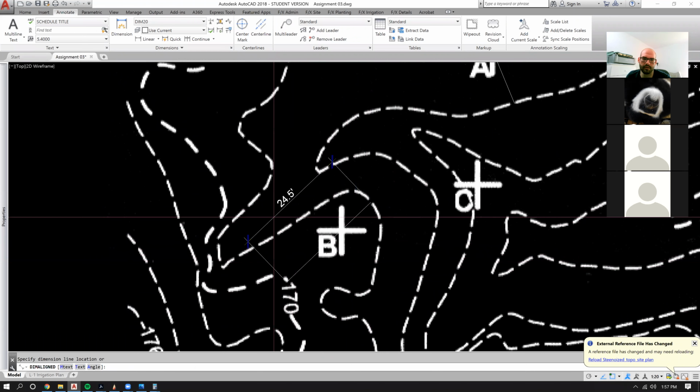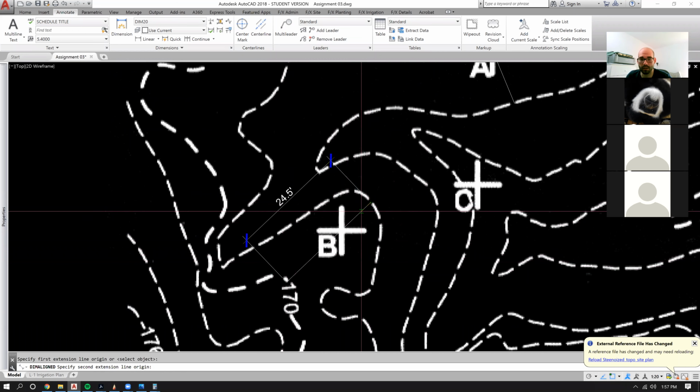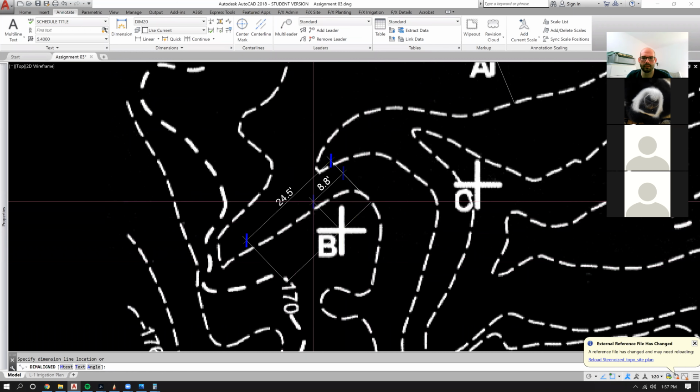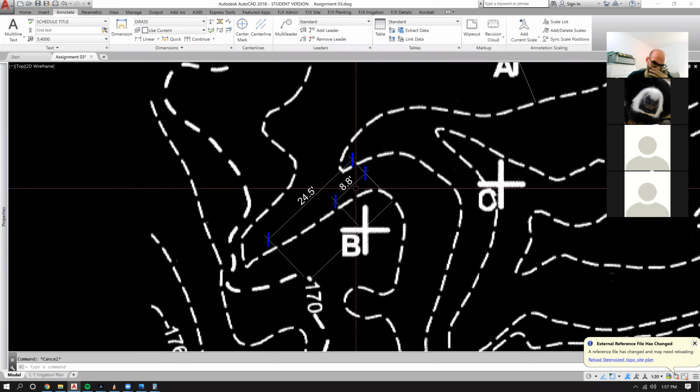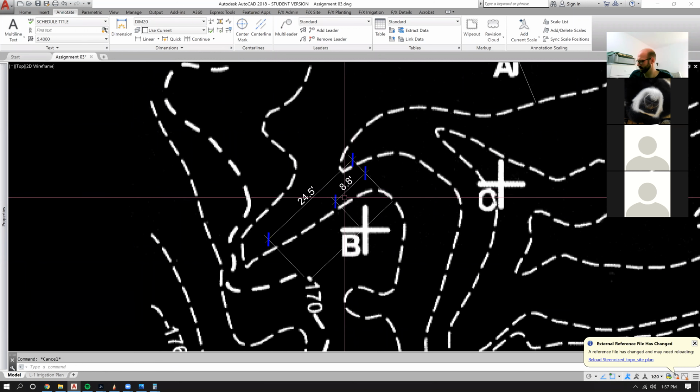So I'm going to measure this line, and I'm also going to measure from the lower contour to my point: 24.5 and 8.8. I'll keep the decimals, they're so nice and round.